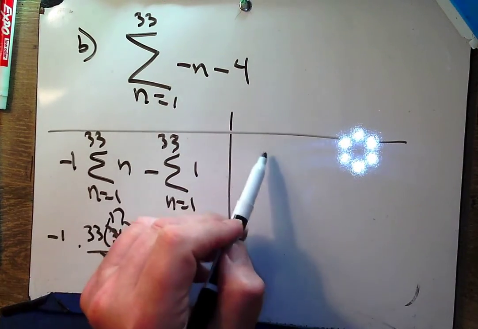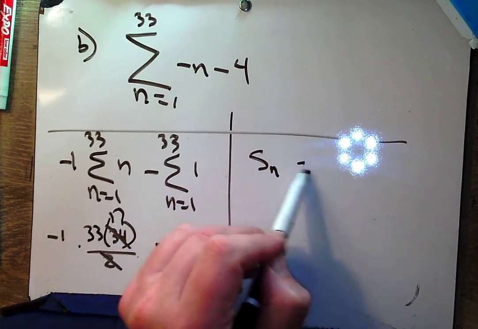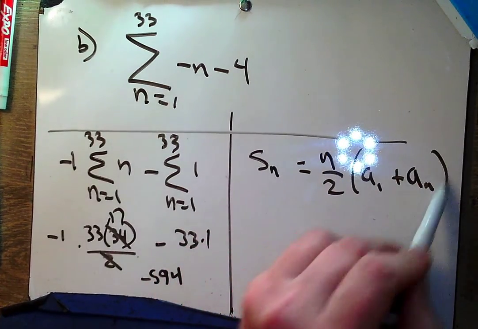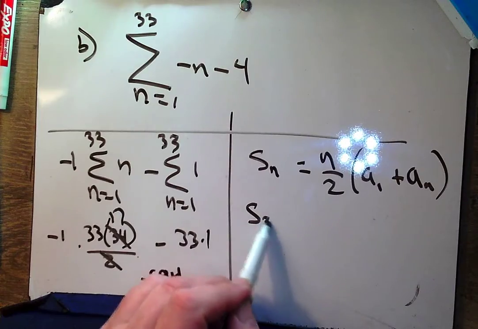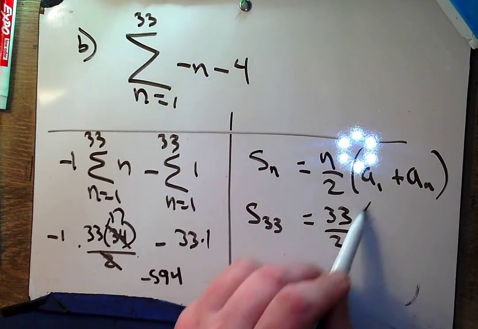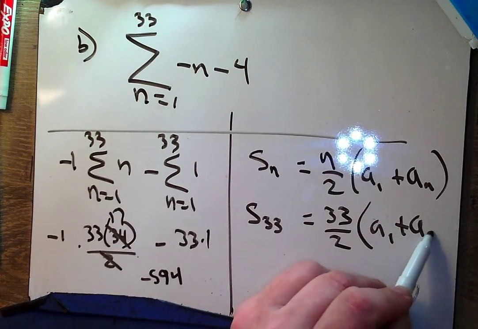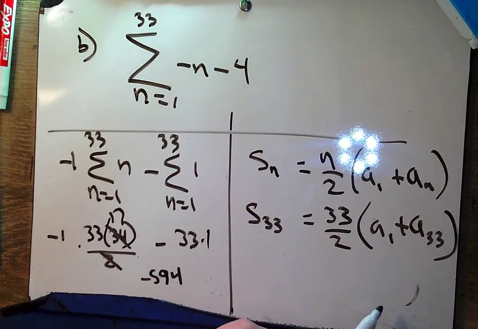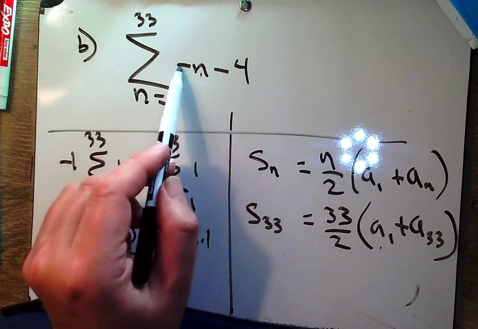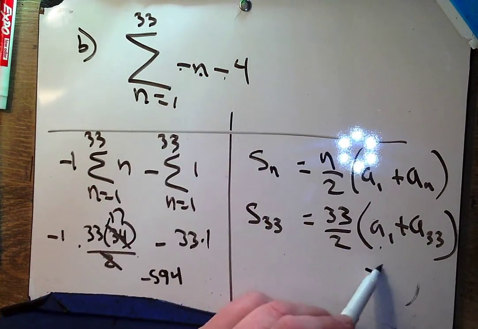Okay, and let's use our arithmetic sum formula. n over 2 times a sub 1 plus a sub n. In our case, we're looking for the sum of 33, so we're going to have 33 over 2 times a sub 1 plus a sub 33. Okay, how do I figure out a sub 1? Well, I'm going to plug a 1 in. Minus 1 minus 4 is minus 5.